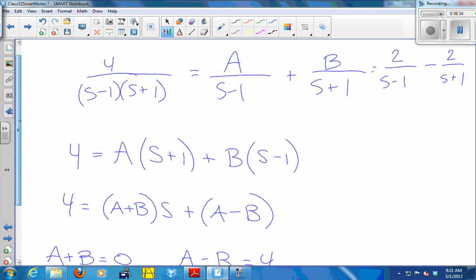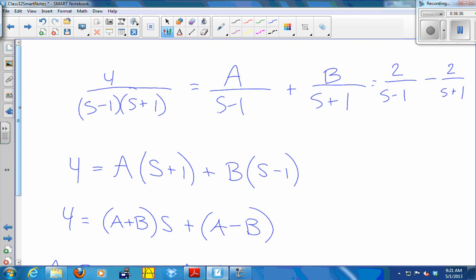All right, everybody got it? Yeah. So now we're much closer to writing these as things that look like something we know the Laplace transform of.